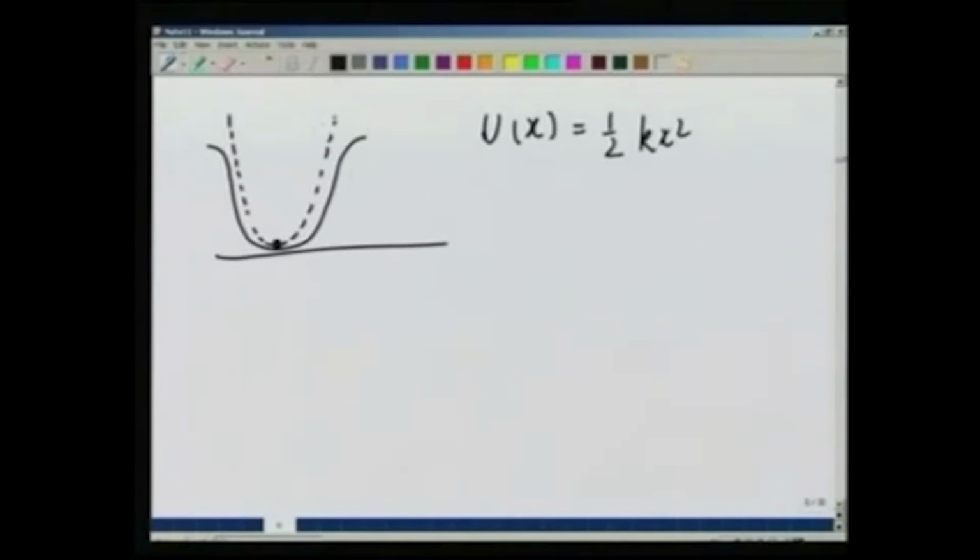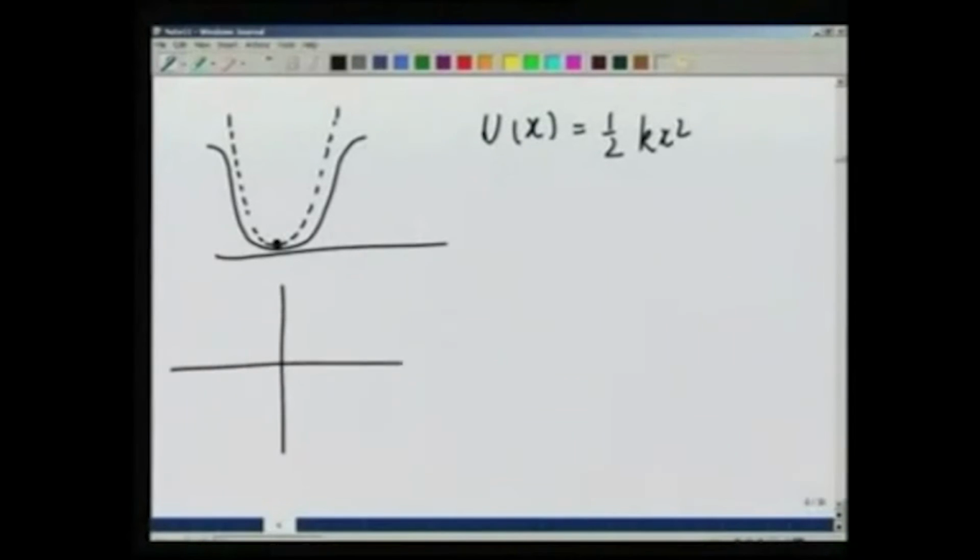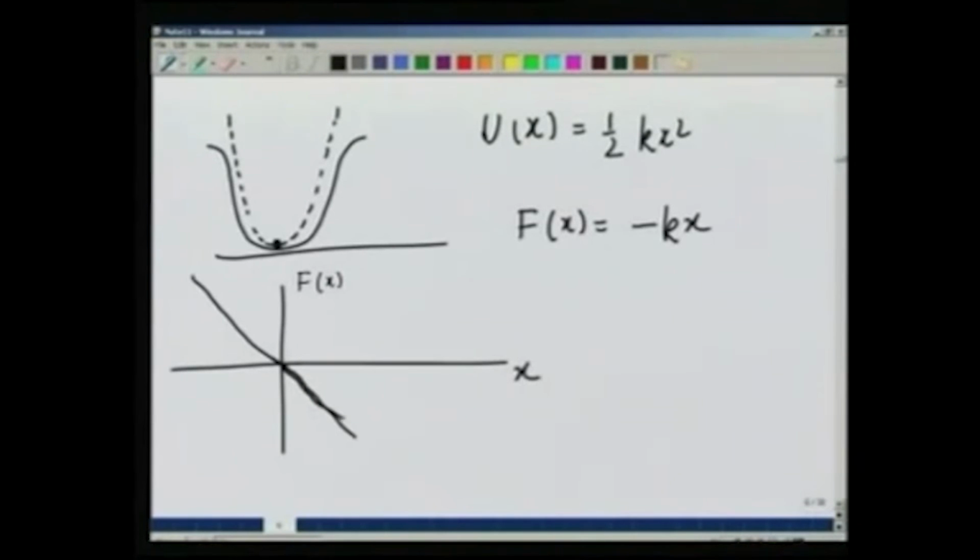So this is how the potential energy looks when I am approximating this motion by a simple harmonic motion, and the force would be F(x) equal to minus kx. So when x is positive, I am approximating the force like this, and when x is negative, it's like this line. You see here that in reality the force goes something like this, and then it becomes slightly less in magnitude. But we approximate this as this line, and therefore as long as the motion is confined to this region, it is a good approximation.